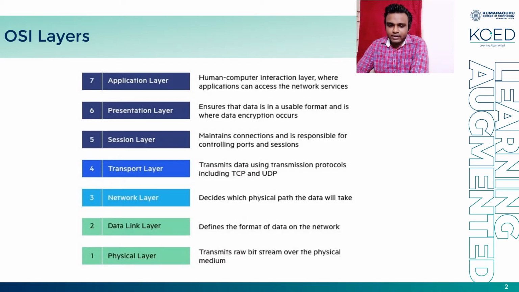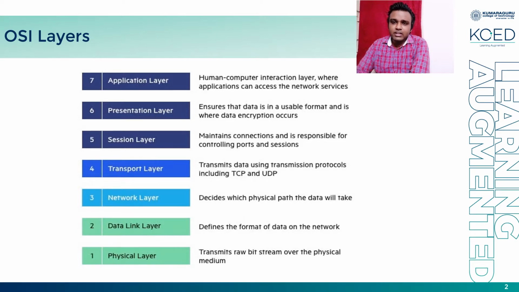The OSI layers has 7 open system interconnection based layers. It is the basis of communication for any network. It starts with the physical layer, data link layer, network layer, transport layer, session layer, presentation layer, and the seventh layer is the application layer.